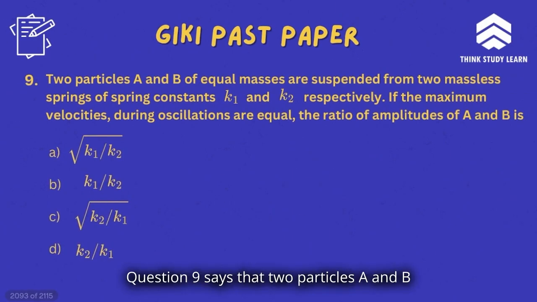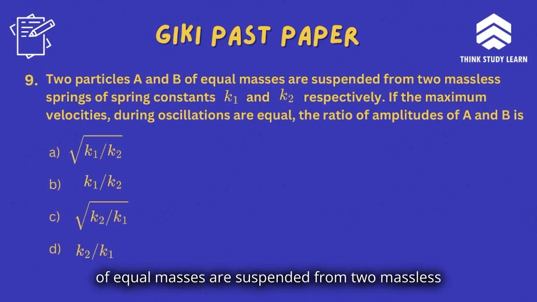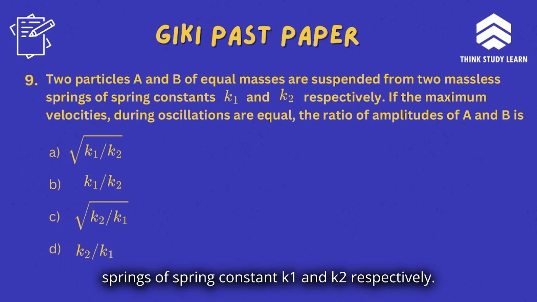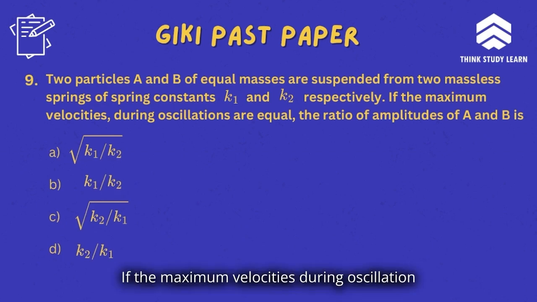Question 9 says that two particles A and B of equal masses are suspended from two massless springs of spring constants K1 and K2 respectively. If the maximum velocities during oscillation are equal, the ratio of amplitude of A and B is?